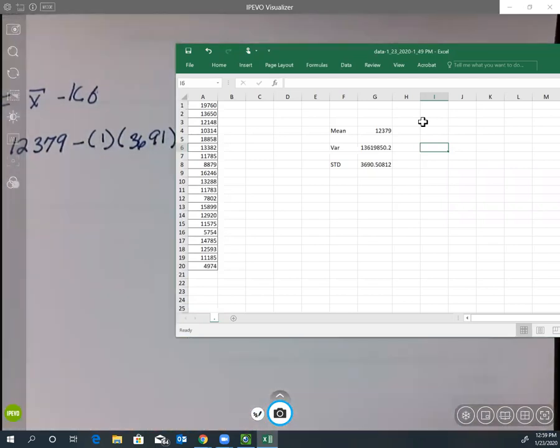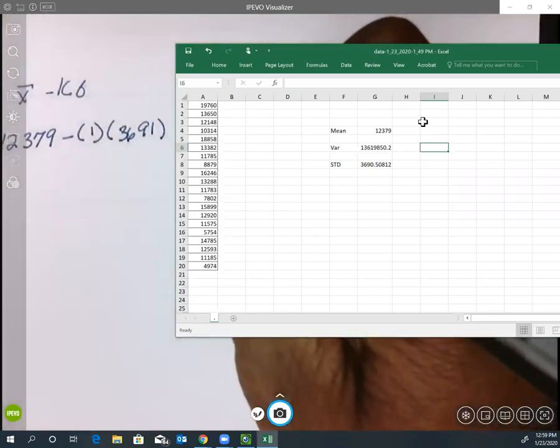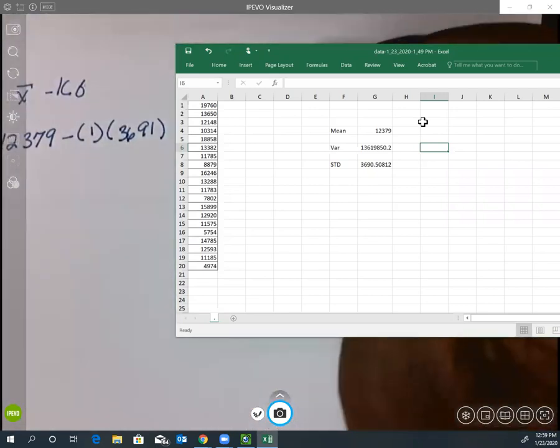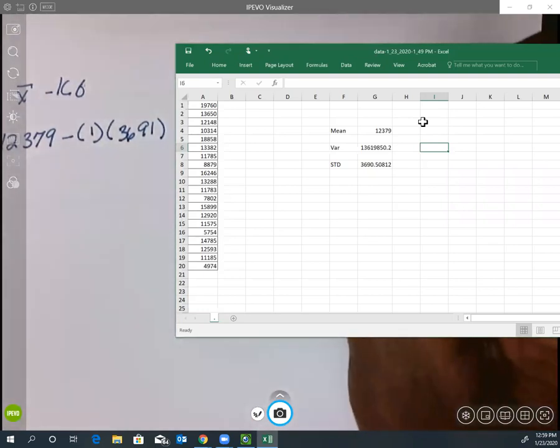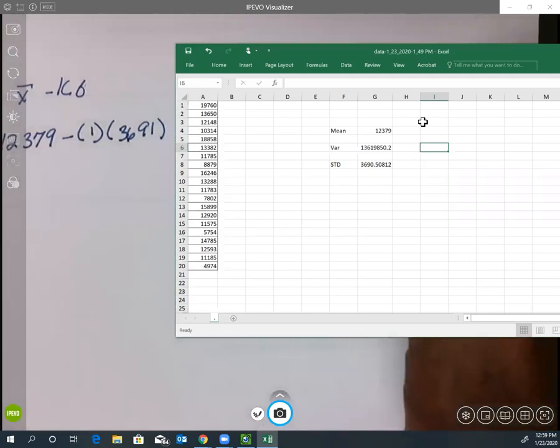Remember, we had to round. Okay, so you could enter that into your calculator. Your max is going to be the same numbers, but plus 1 times 3691.